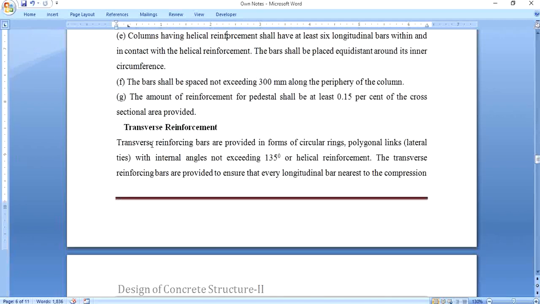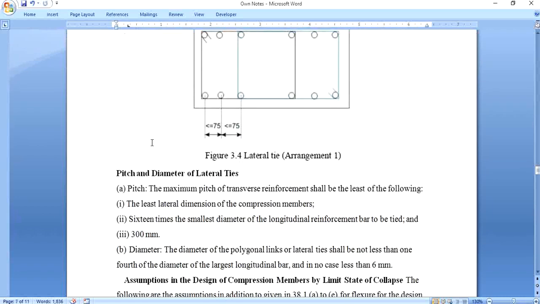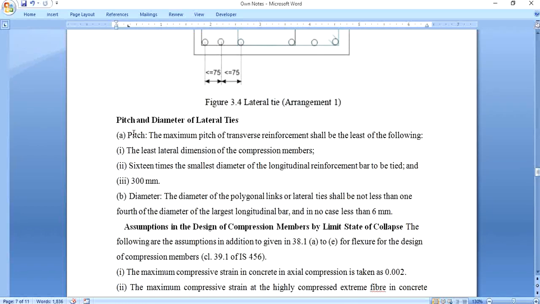After that, in transverse reinforcement, we studied the pitch. Pitch is nothing but the distance between two rings, or two transverse reinforcements, or two lateral ties, whatever name you call it.